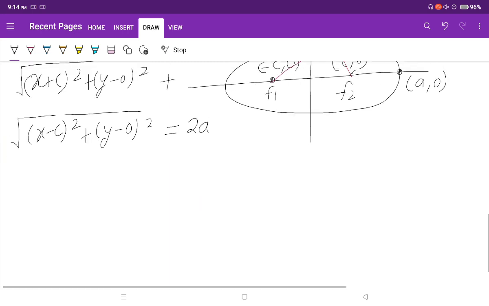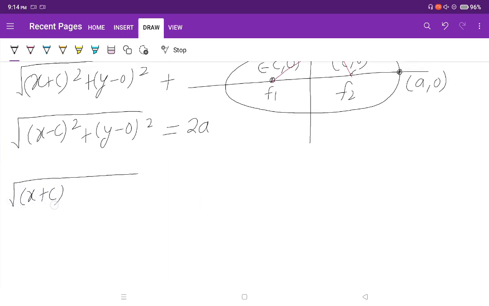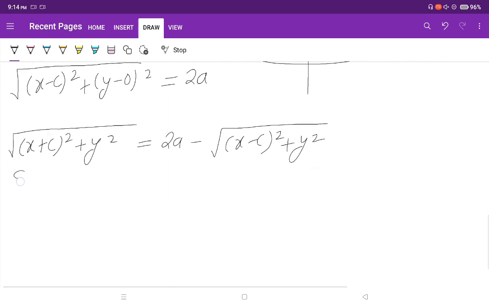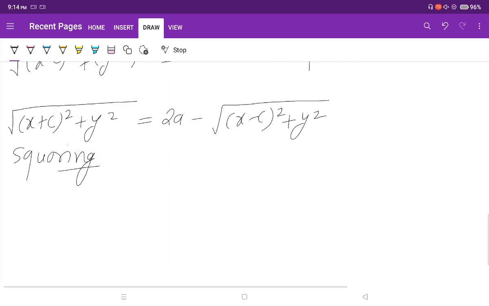Now rearranging the terms, we have the square root of (x plus c) squared plus y squared equals 2a minus the square root of (x minus c) squared plus y squared. Now squaring both sides, we have x squared plus c squared plus 2xc plus y squared equals, now we have the square of both terms, so again (a plus b) whole squared.